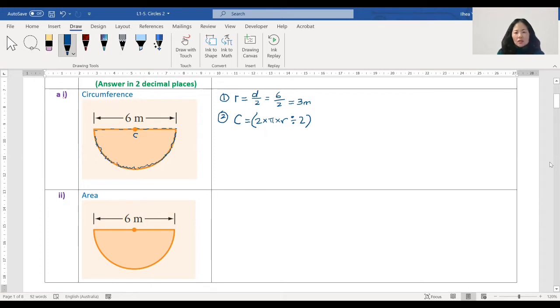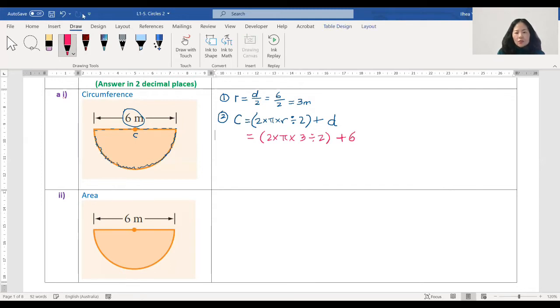We still have to add our diameter to close up the shape. So it's going to be 2 times pi times 3 because it's a radius, divided by 2 because it's only a half circle, and then we close up the shape by adding our diameter.